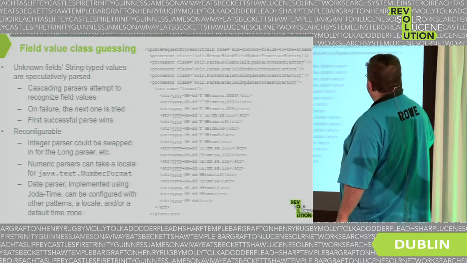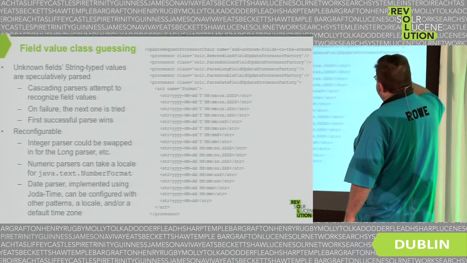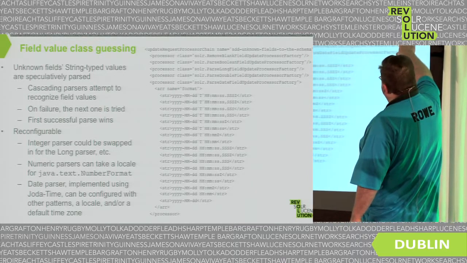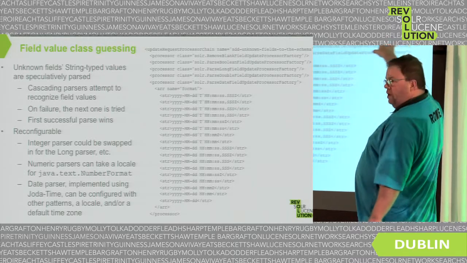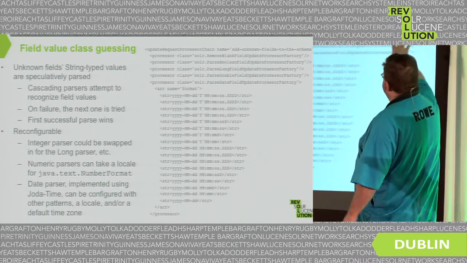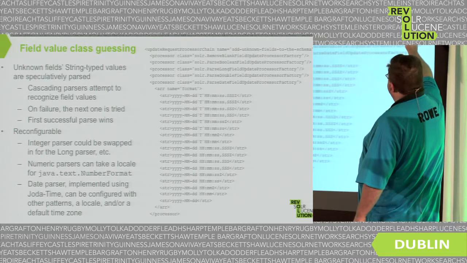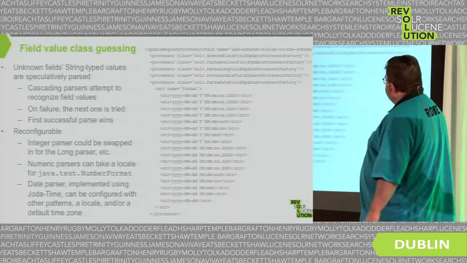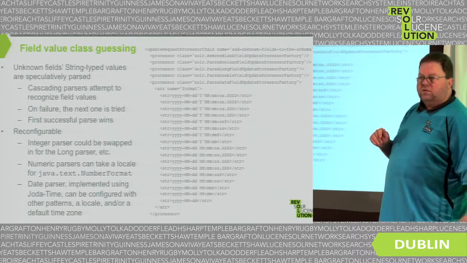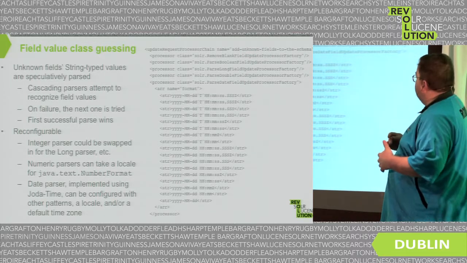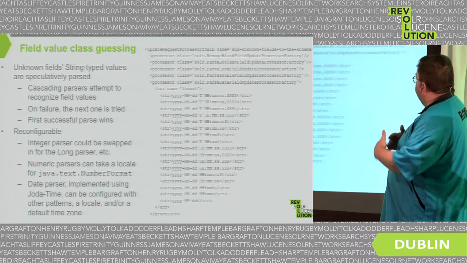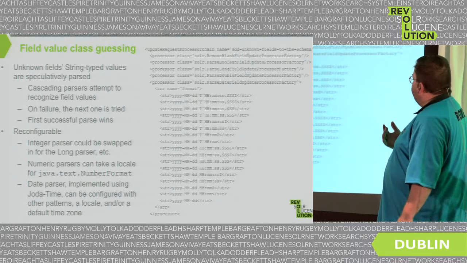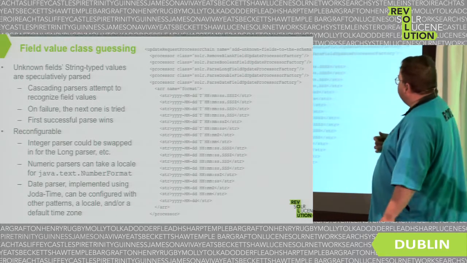So in this pre-configured set, blank fields are removed so that they don't throw off field type detection. And then each of the Boolean, long, double, and date parsers attempt to parse field values. And if they fail, it just goes on to the next one. If they succeed, then that's assigned as the type.